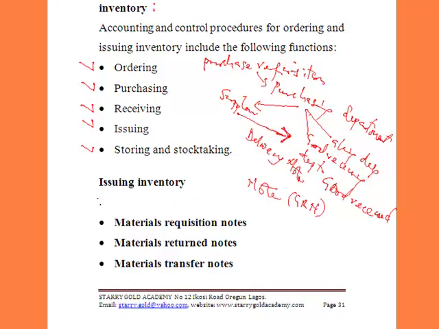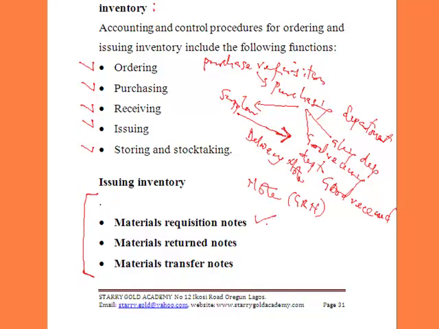Now, still concerning inventory, once this inventory or stock has been ordered, purchased and received, the use of the inventory is also taken care of through control procedures, and they are basically in three forms. We have the material requisition note.